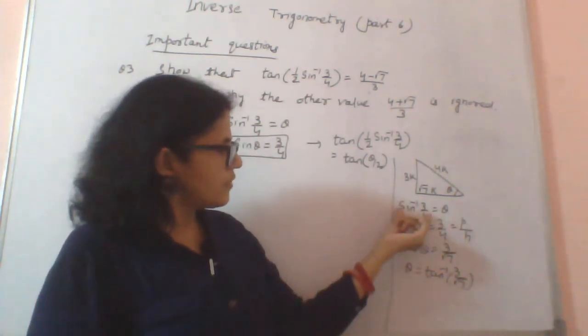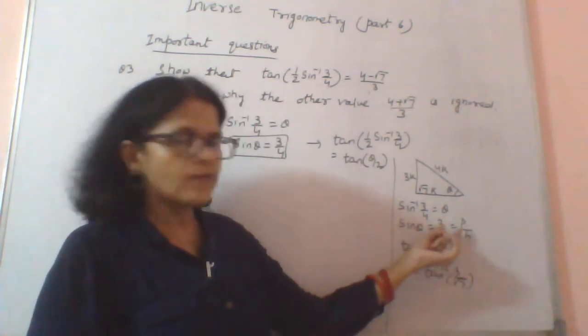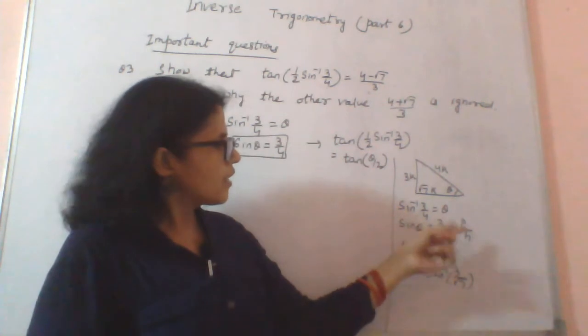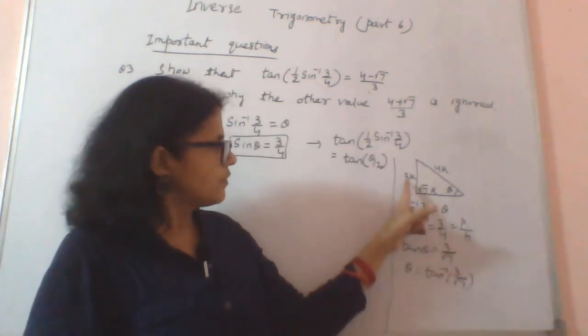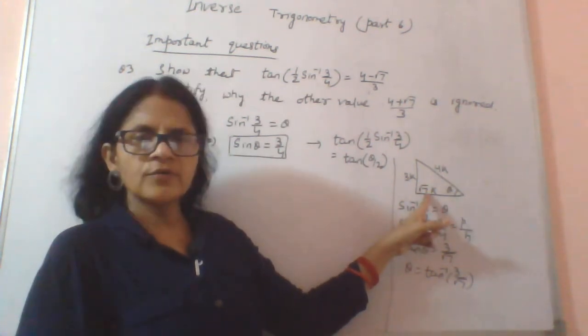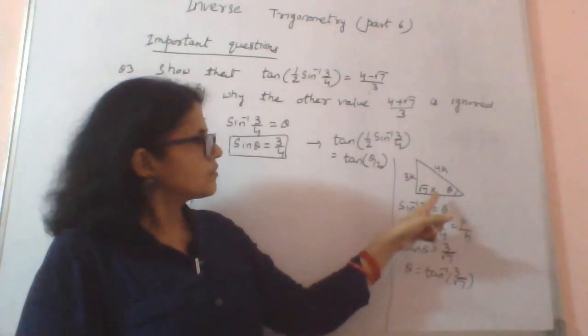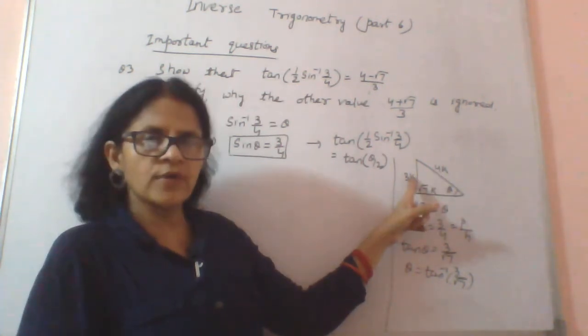So sine inverse 3 by 4 is theta, sine theta equal to 3 by 4, that is p by h. Now perpendicular to hypotenuse is 3 by 4, 3k, 4k. So base equal to root 7k. Okay, so base equal to under root h square minus p square.